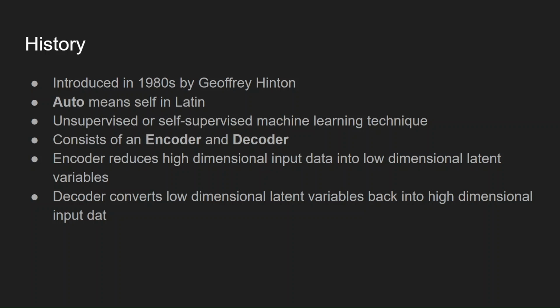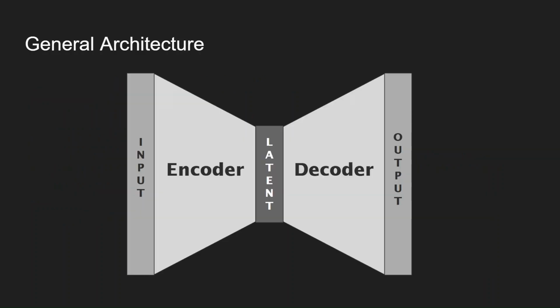Then the decoder converts that low dimensional latent variable back into high dimensional input data. Sorry for the typo, it's not that, it's data. So the input of this model will be 28 by 28 by 1, and the output will also be 28 by 28 by 1.